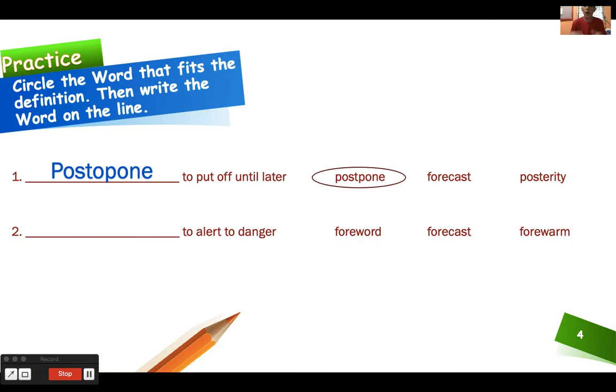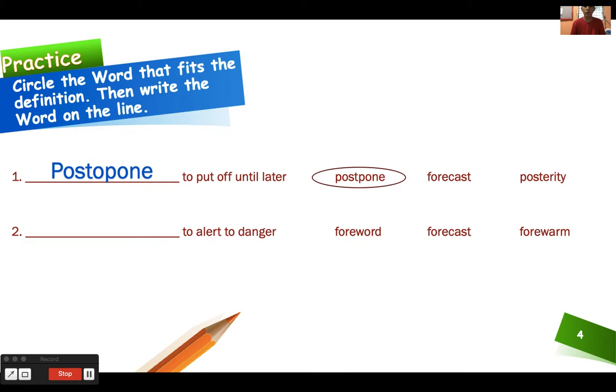Then we have: alert to danger. Alert to danger means that you warn somebody that something bad is going to happen. In this case, we have forecast and forewarn. Again, if you don't know the meaning of a word, use your dictionary.